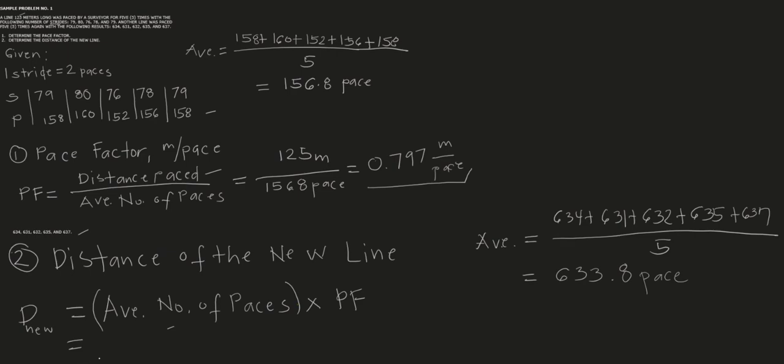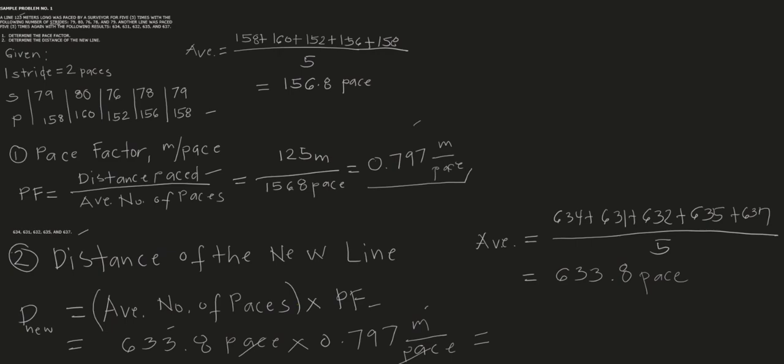So, para makuha yung distance new natin, ito tayo sa 633.8 pace. I-times natin sa phase factor yung nakuha natin dito. Times 0.797 meter per pace. So, makakansel yan. So, matitira is meter.